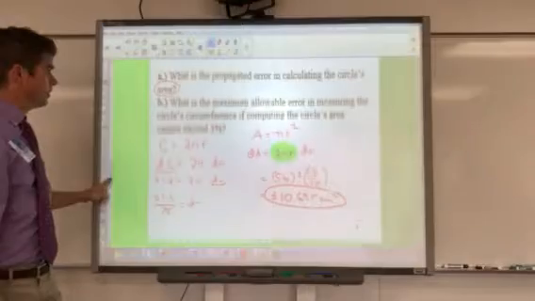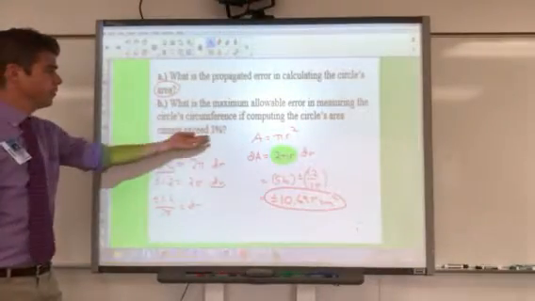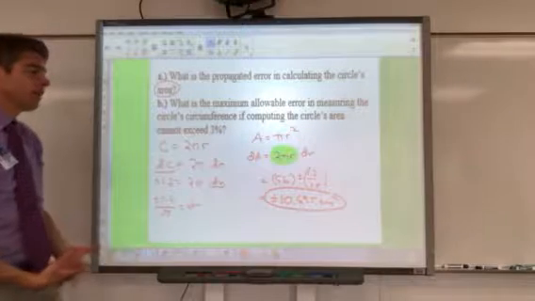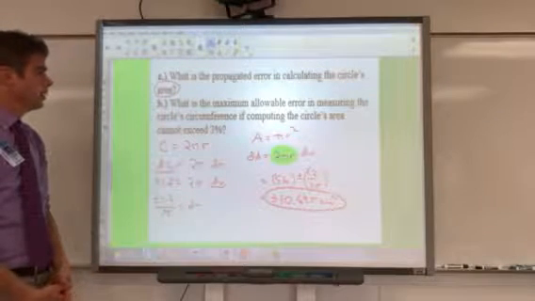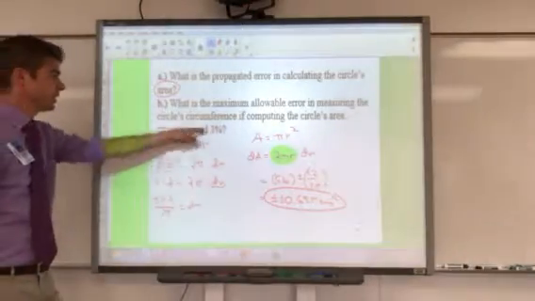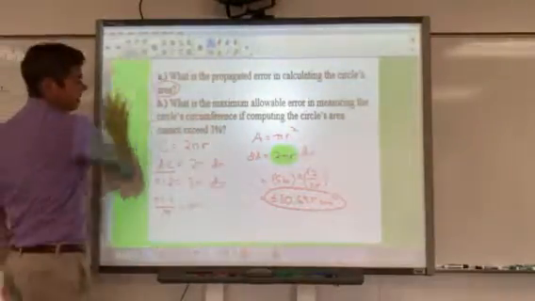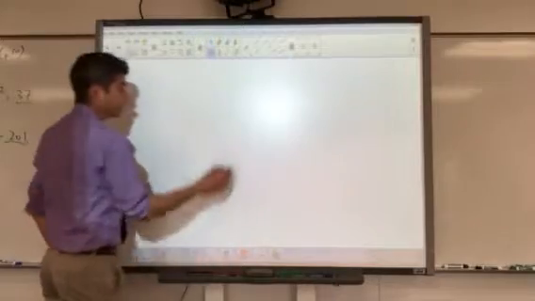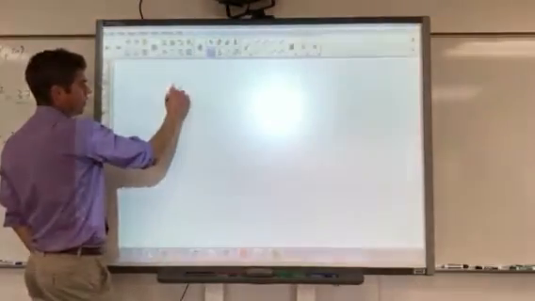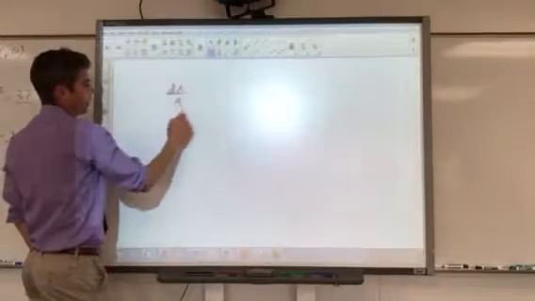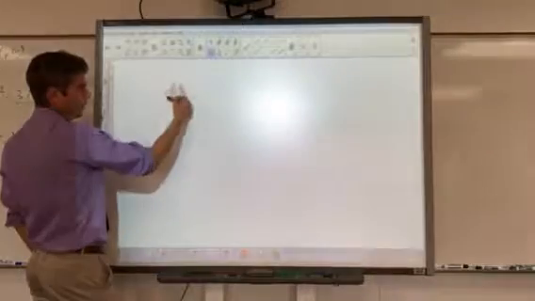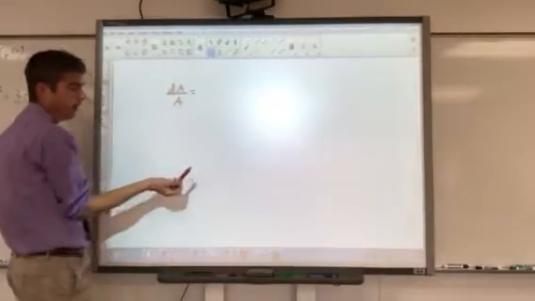Okay, then part B says, what if we have a goal of 3% accuracy? Let's use differentials to help us evaluate this question. So the circumference, if computing the circle's area, cannot exceed 3%. Let's start at the circle's area. This goes back to relative error, which would be the ratio of our propagated error compared to the actual area.